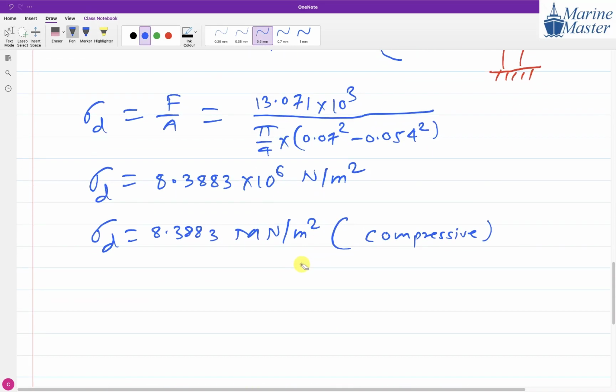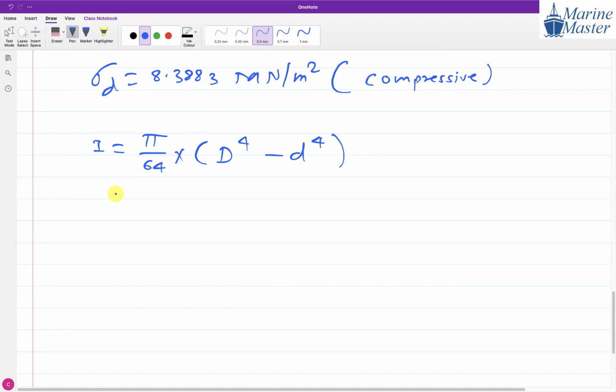So now we have written the direct stress. For F max we need I, which is pi by 64 into D raised to the power 4 minus small d raised to the power 4. So I will become pi by 64 into capital D, how much? 0.07, raised to the power 4 minus 0.054 raised to the power 4.